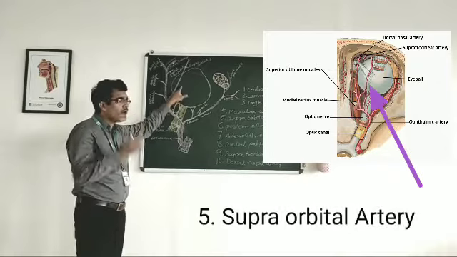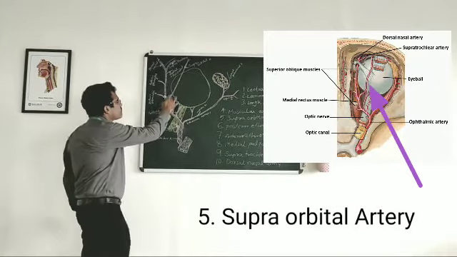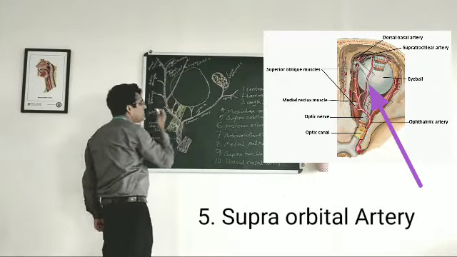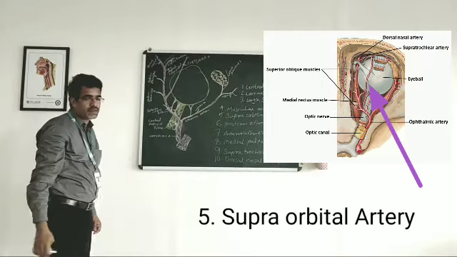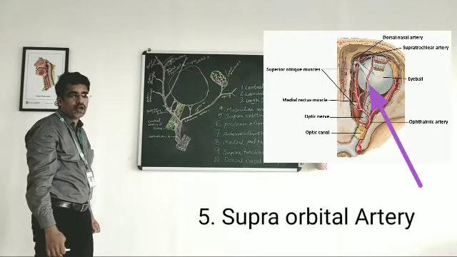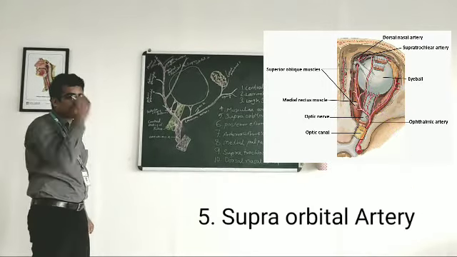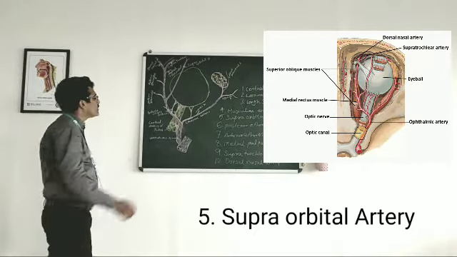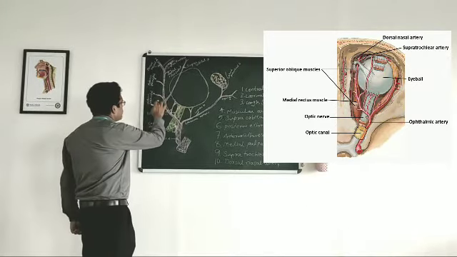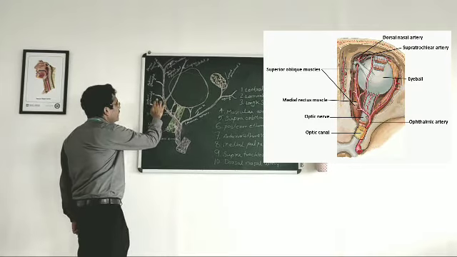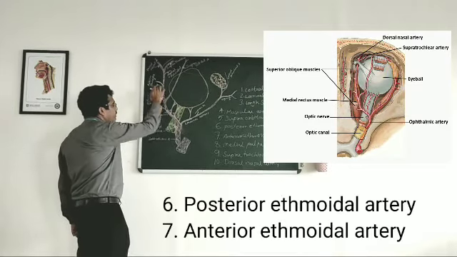The supraorbital artery runs further forwards and reaches the supraorbital region. At the supraorbital notch or foramen, it enters the forehead region. The other arteries are the posterior ethmoidal artery and anterior ethmoidal artery.